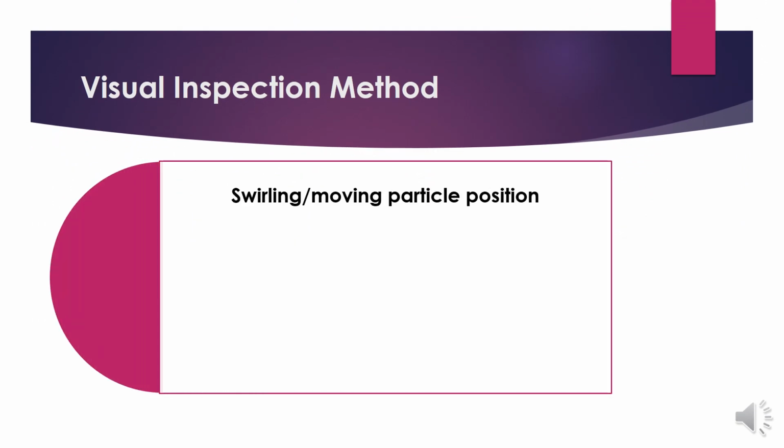By swirling or moving the particle position against those backgrounds, we have to move our ampule, vial or bottle so that if there is any particle available, it will be more visible after swirling or moving its position.